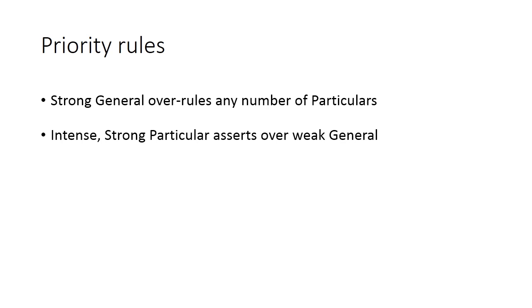An intense or strong particular can assert over a weak general. That's another important point, because the intensity or the pace is of greater importance to us in determining the kind of remedy. For instance, aconite has a very fast pace of onset of symptoms, whereas bryonia and gelsemium are slow-paced remedies in the onset of their symptoms.